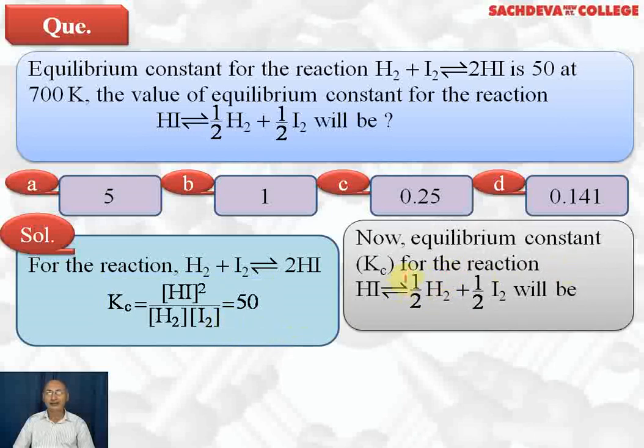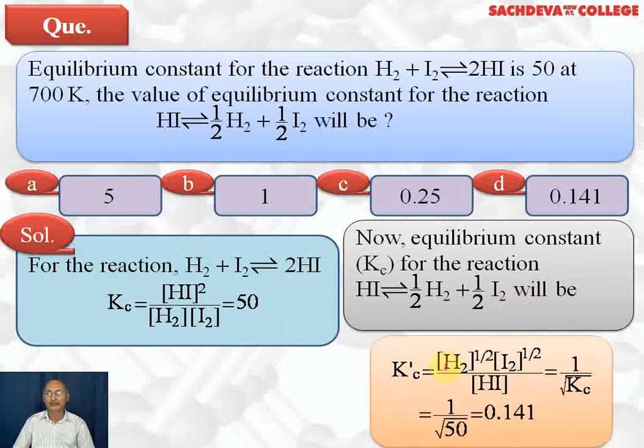Now the equilibrium constant Kc dash should be for the reaction HI gives you half H2 plus half I2. First we have to write the expression for this. Kc dash is equal to H2 raised to the power half times I2 raised to the power half, because products are H2 and I2 and both have coefficient half, divided by molar concentration of HI.